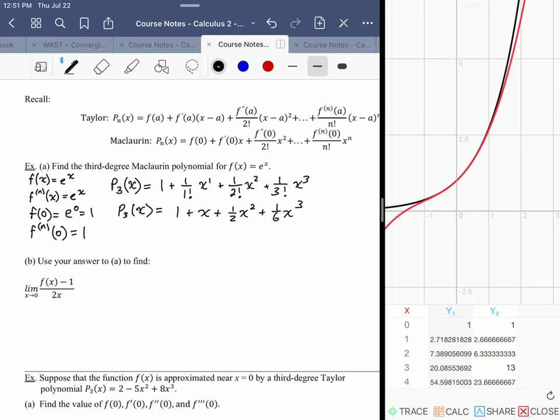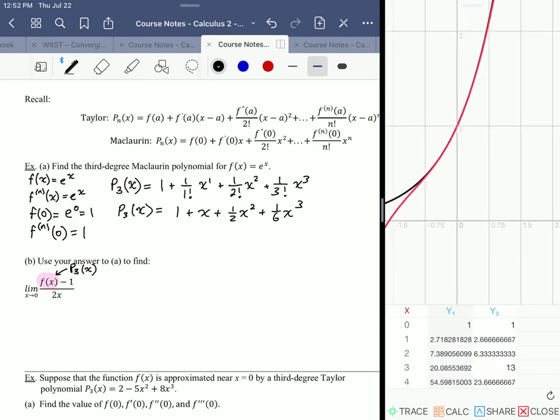All right, so let's see how that plays out using the Taylor polynomial, because my answer to part A tells me that this is a reasonable approximation. The p sub 3 of x is a reasonable approximation for f of x.